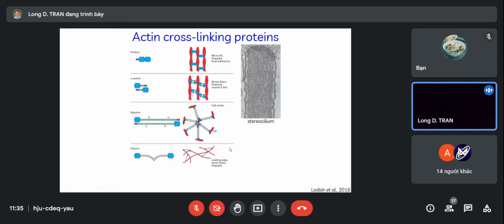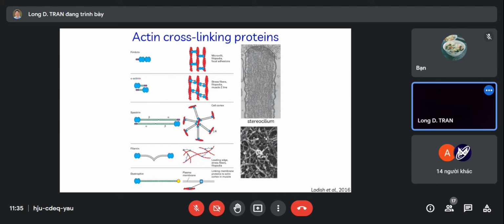It's also observed in the leading edge of the cells, in the cell protrusions and filopodium. So filamin could generate the actin meshwork, I think, in all cell types. Here is how the actin meshwork looks. We have no dominant orientation of actin filaments.